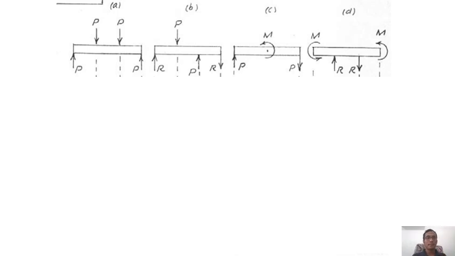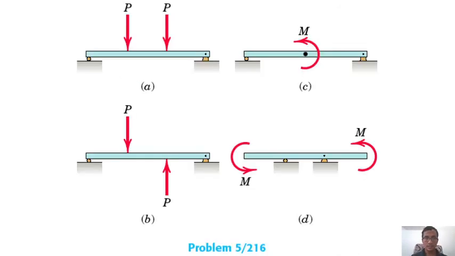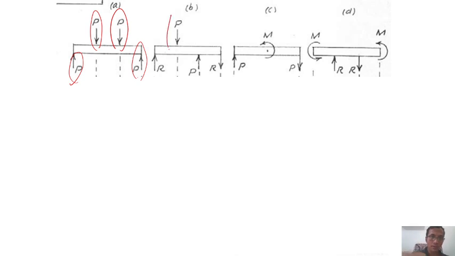P there, P is our external force, and the reaction force will be like this. Then B, there will be P going down and P going up, right? Same here, P going down, P going up, and our reaction force will be like this.